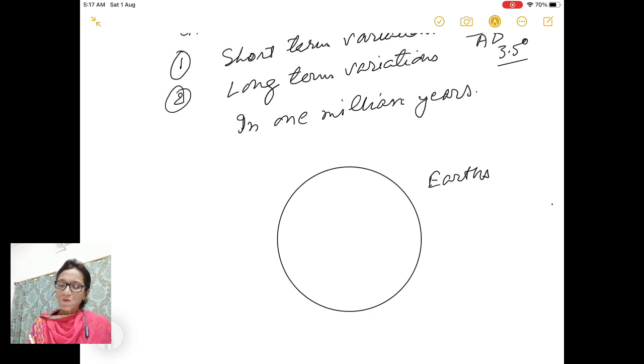So if you have magnetic field lines along this direction today, it may change to some other direction at some other time period. And if at that time any volcanic eruption takes place and basalt material gets accumulated on the surface of Earth, basalt material contains iron and nickel, and therefore it will be affected by the magnetic field pattern of that time.